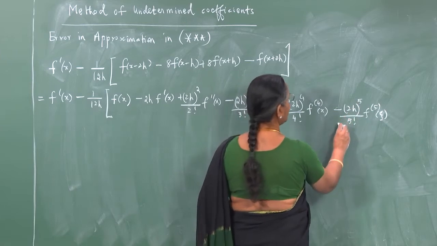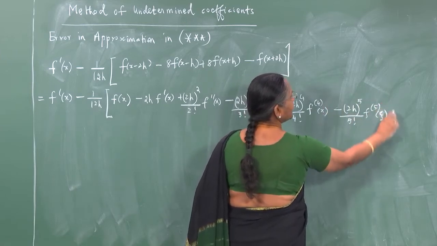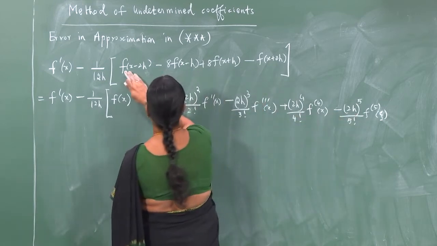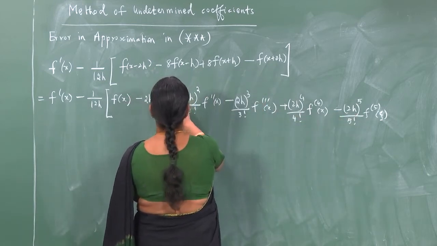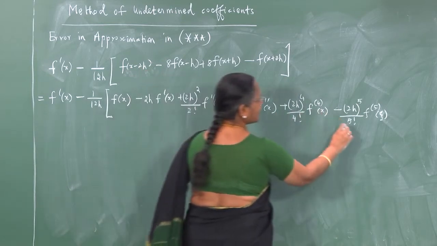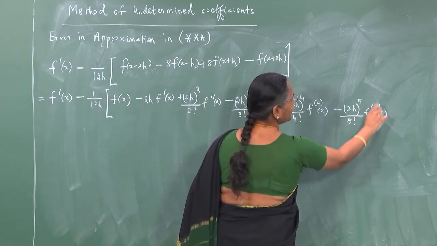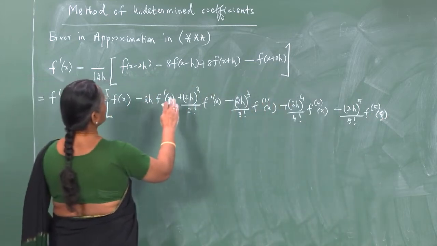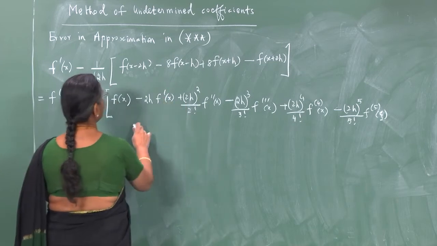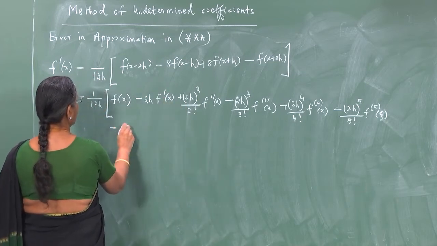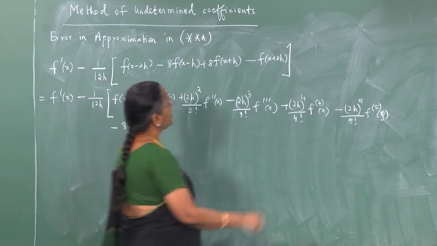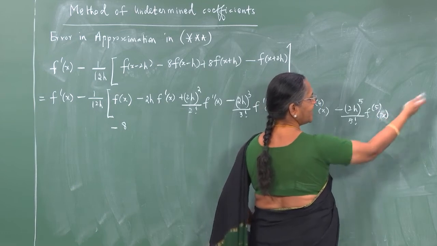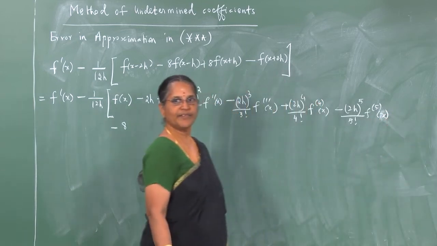Since I have truncated here, this is going to be the error term in expanding f of x minus 2h about the point x. So, I present the error in terms of the fifth derivative, say at psi. Then the next term is going to be minus 8 times, or I can take it to be x because I do not know whether I can truncate it here or should take more number of terms.